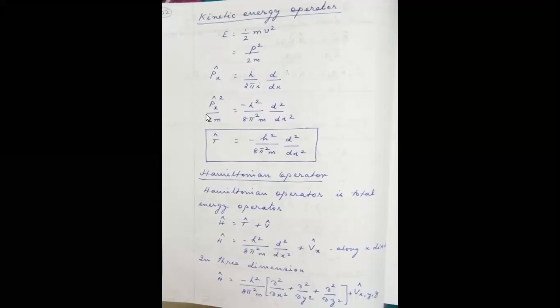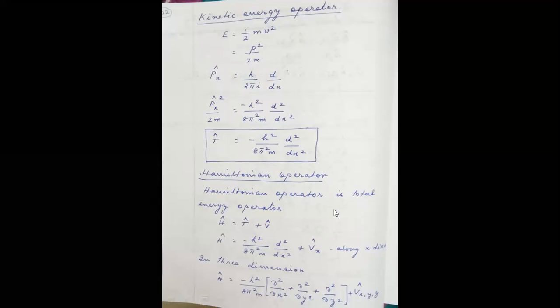It becomes minus h square by 8 pi square m, d square by dx square. That is called the kinetic energy operator. T operator is equal to minus h square by 8 pi square m, d square by dx square. So this is the kinetic energy operator.